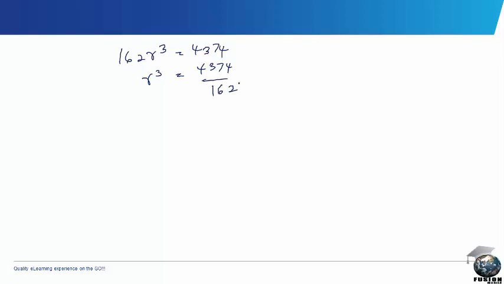Carrying out this division, 4374 divided by 162, you will have 27. So r cubed is equal to 27, and so r is equal to the cube root of 27, which is the cube root of 3 raised to the power 3, so the powers cancel out the roots, and therefore r is equal to 3.